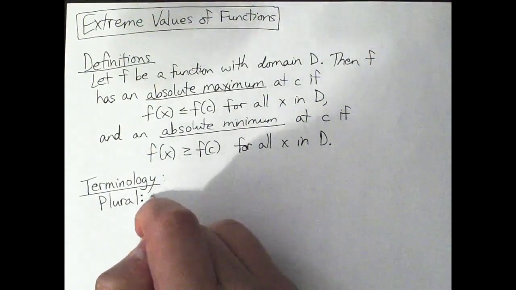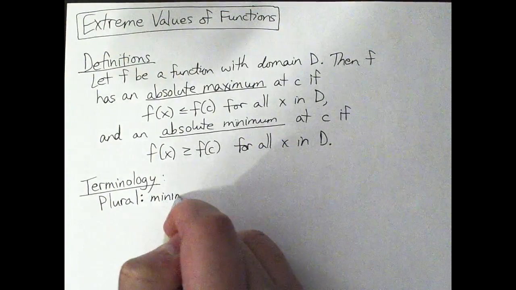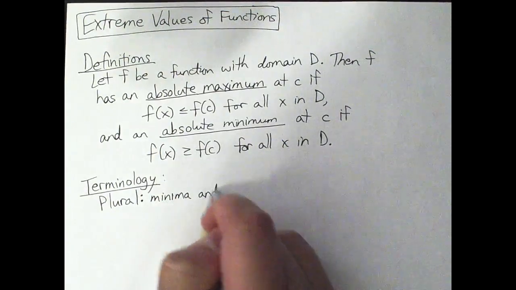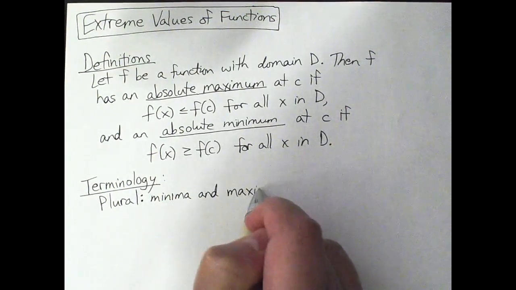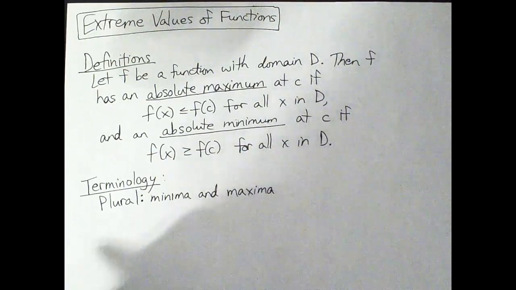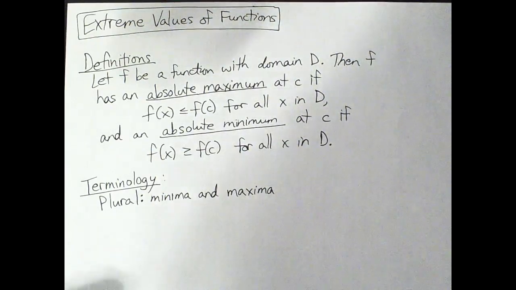So we could possibly need to talk about this in a plural sense. When there's more than one, we call them minima and maxima. So the absolute maxima of a function or the absolute minima of a function.